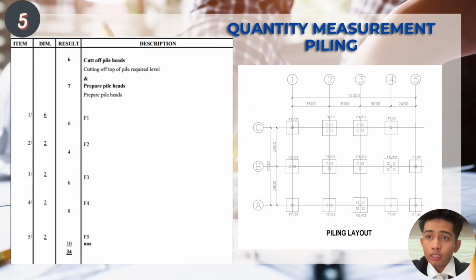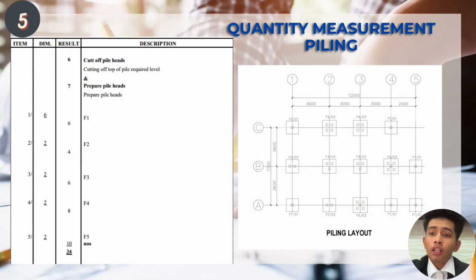So the last step is we will calculate the cut-off pile heads and prepare a pile head. So basically this step is the same as the first step, where the first item is our number of formwork. Second is dimension, which we get from the layout; you can see there are 6 of formwork 1 and 2 of formwork 2, because there are 2 types of formwork 2.